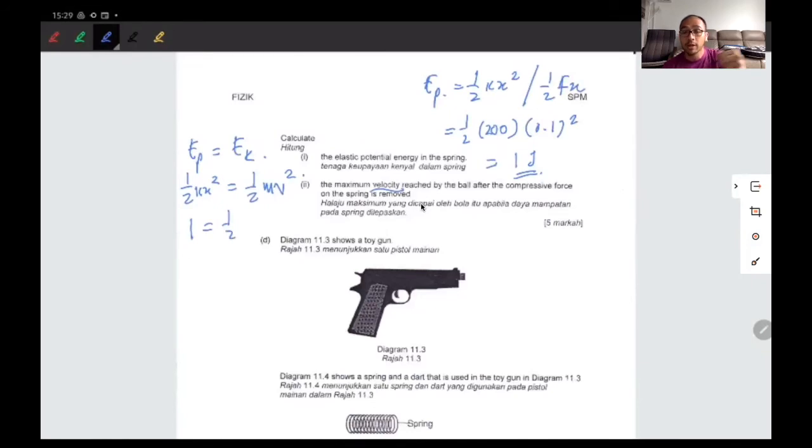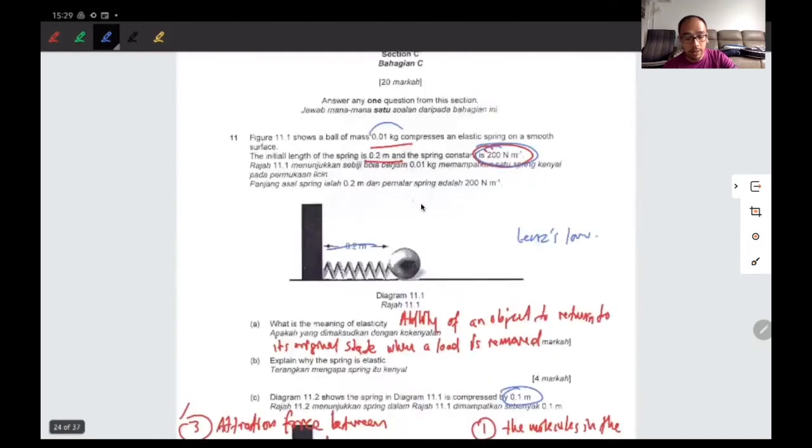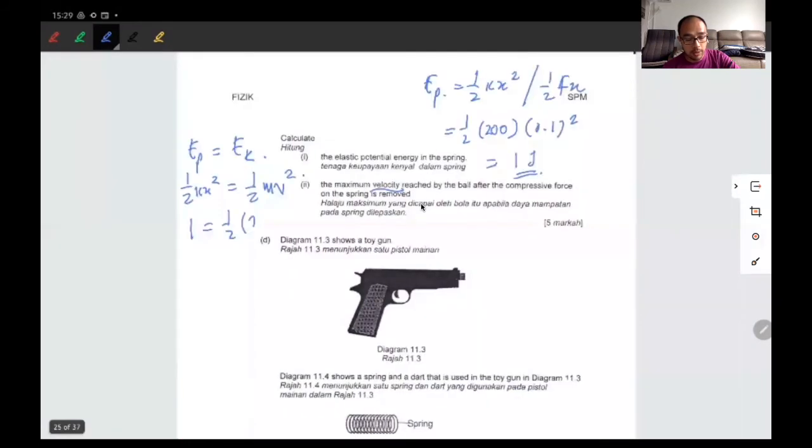Because you already calculated in question number 1. Equals half the mass of the ball. What's the mass of the ball? 0.01 kg. 0.01 times v squared. So you calculate, you will get v equals 14.142 meters per second.